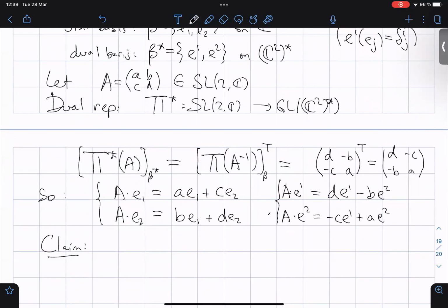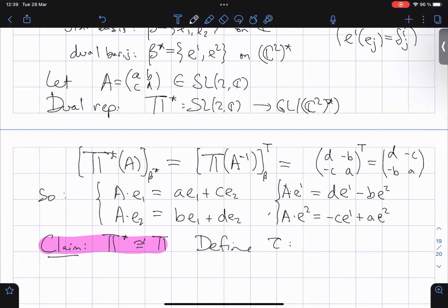So basically, what I want to do is line up the bases on the vector space C2 and the vector space C2 dual, and create a map such that the action on one gets mimicked on the other side. So what is this map going to be?